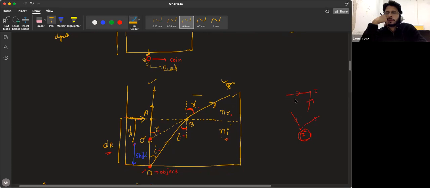Ishma, Anshika, is it clear? This apparent depth, the concept of apparent depth? Yes.